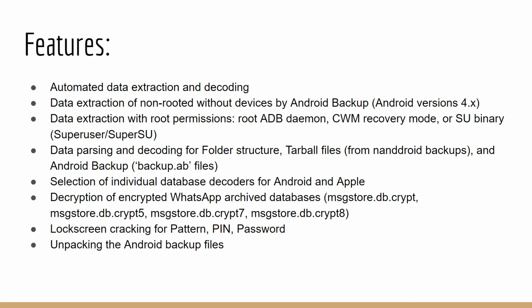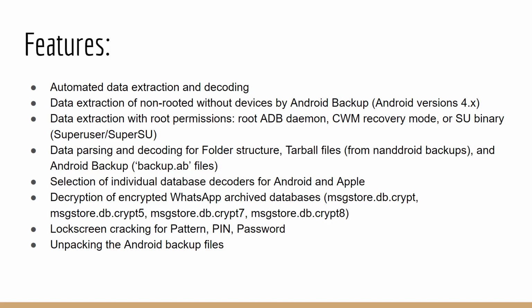Automated data extraction and decoding, and another one is extraction of non-rooted devices by Android backup. Without any backup it is also possible to extract, and for extraction with root permissions like the ADB daemon, we can use CWM recovery mode.